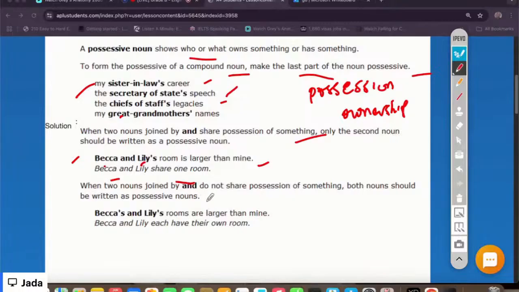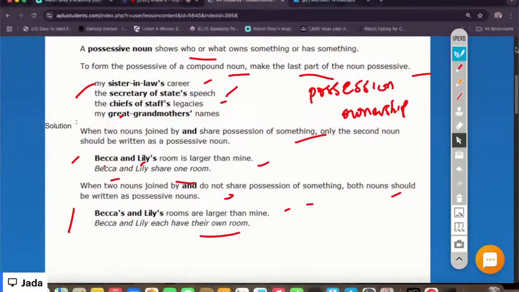When two nouns joined by and do not share possession of something, both nouns should be written as possessive nouns. So it's like Becca's and Lily's rooms are larger than mine. Becca and Lily each have their own room. So if they do not share possession, everything will be written separately.